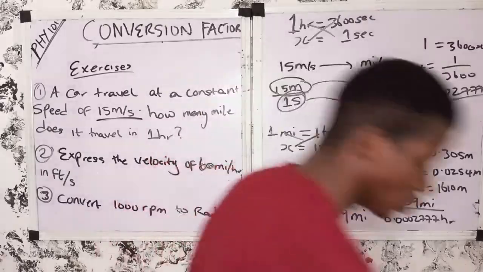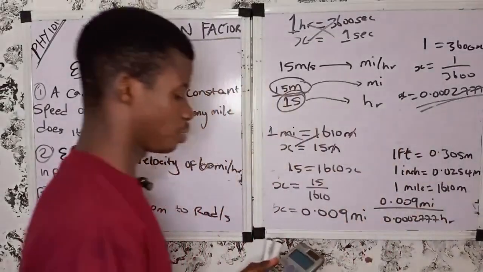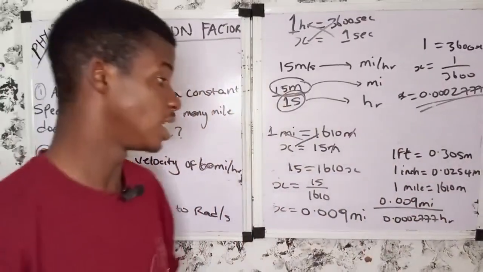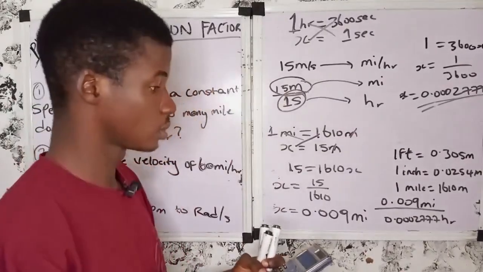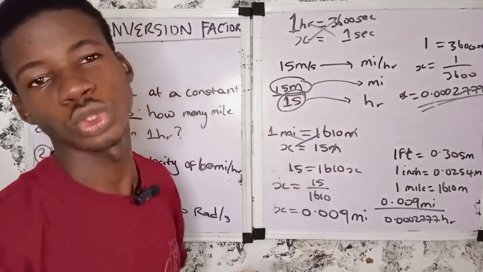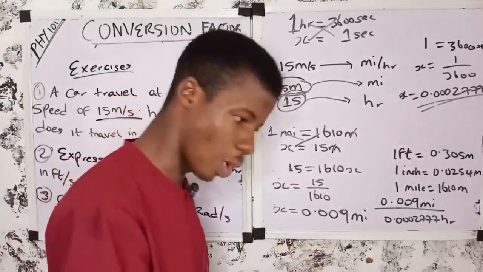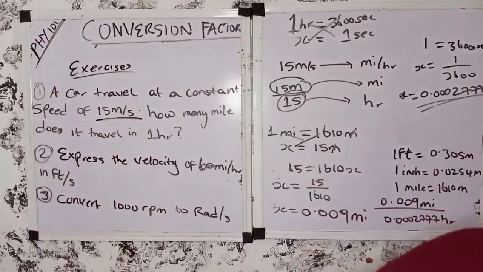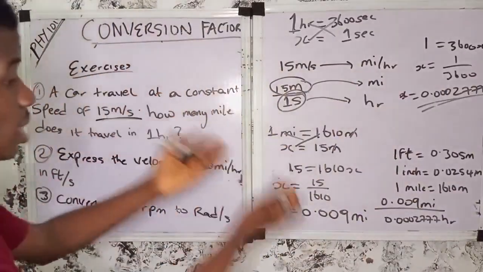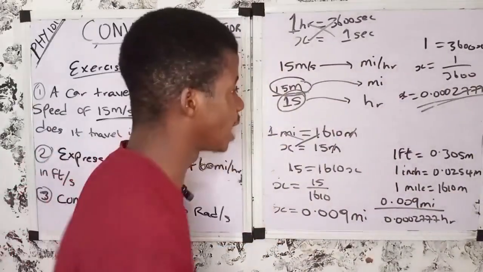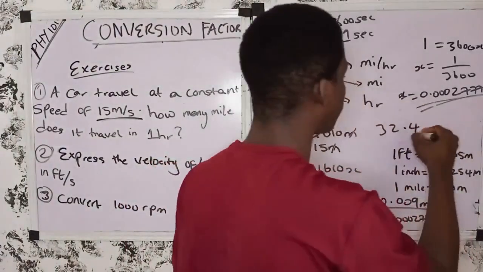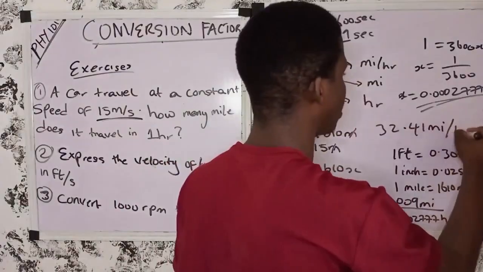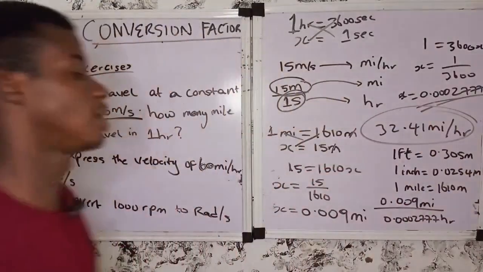Let's divide both of them. Our answer will be 32.41. This is in your textbook, okay? 32.41 mile per hour. So this is the answer.